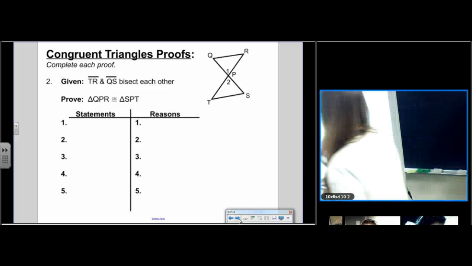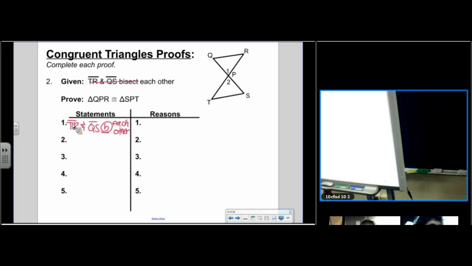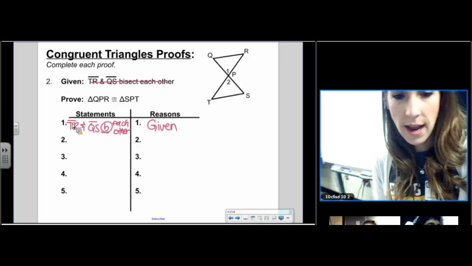So let's start with the given. TR and QS bisect each other. So that's given. I'm going to cross it off because I've used it. And you literally just write it down word for word.